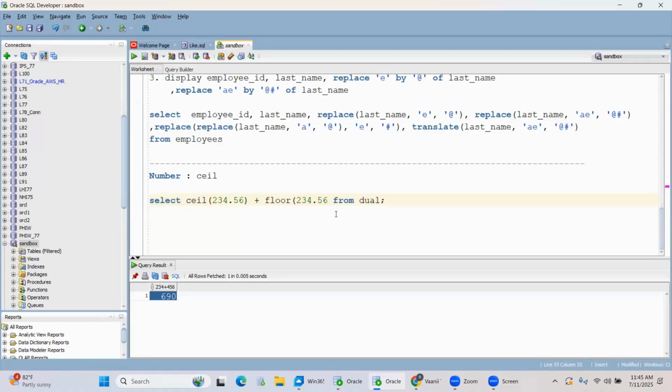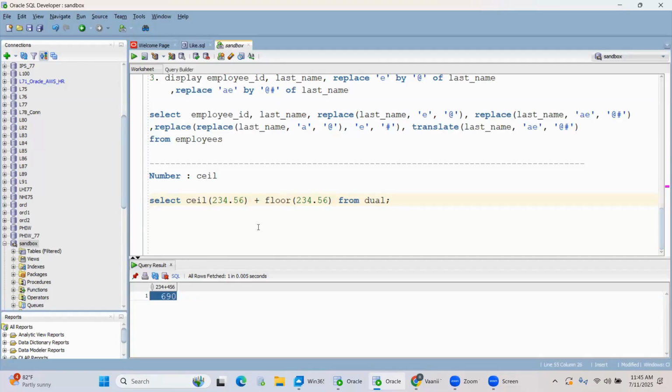Let me see who can give me this answer. This is more related to common sense. This ceil and floor look like English words also, right? So do you guys have any idea what may be the value for this? Anyone? 469.